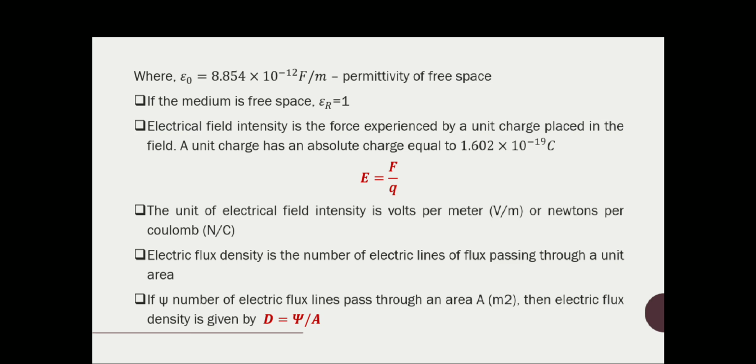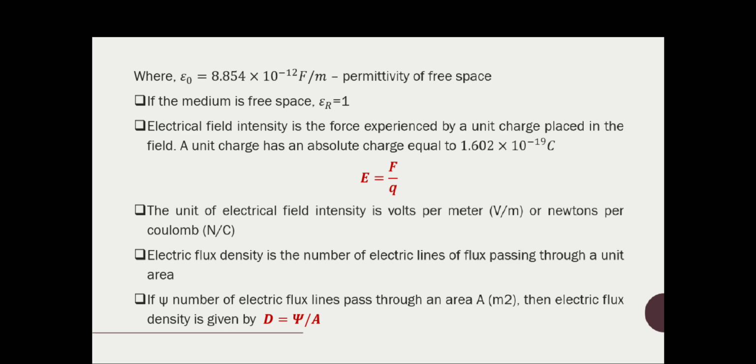Then two quantities describe the electrical field: electrical field intensity, usually denoted as E, and electrical flux density D. Electric field intensity is the force experienced by a unit charge placed in a field. A unit charge has an absolute charge equal to 1.602 into 10 raised to minus 19 Coulomb.